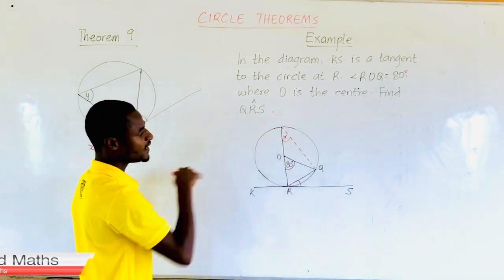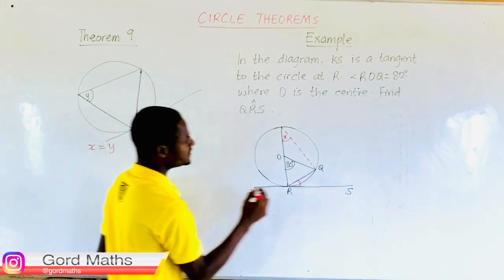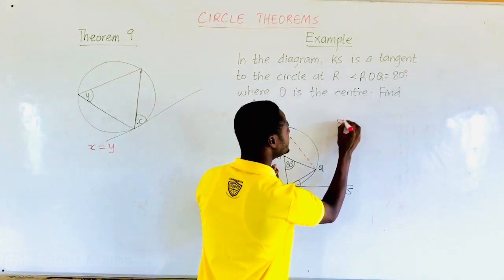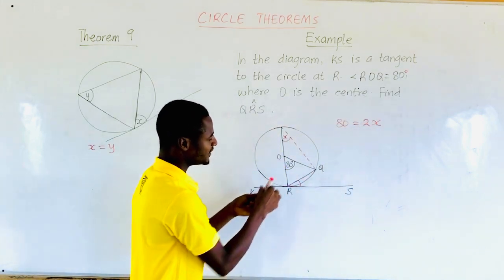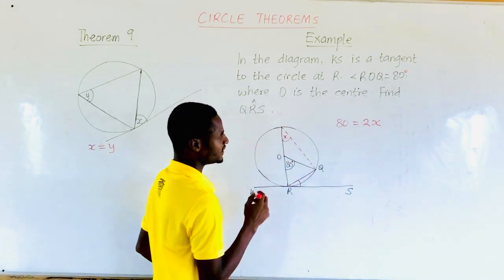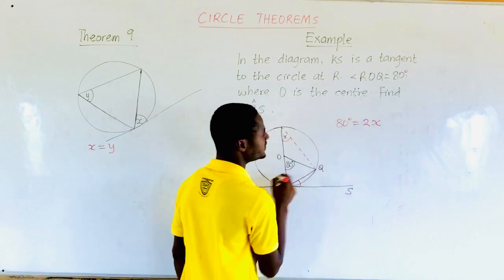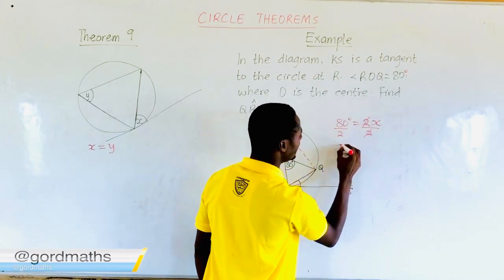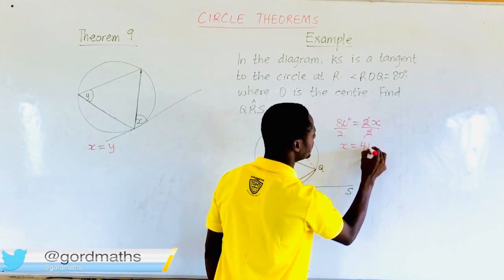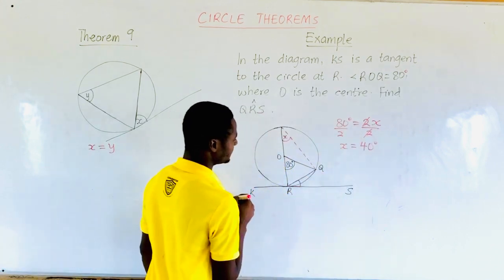Then from the first theorem we learned, we would say that 80 is equal to 2x. The angle at the center is twice the one at the circumference. And so when we divide both sides by 2, we will have our x to be equal to 40 degrees.